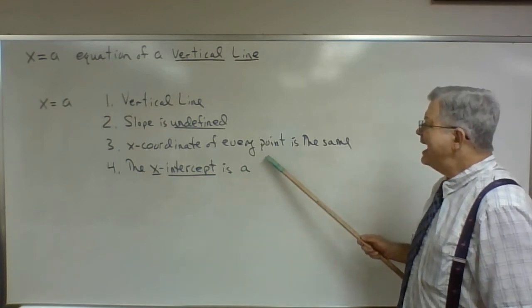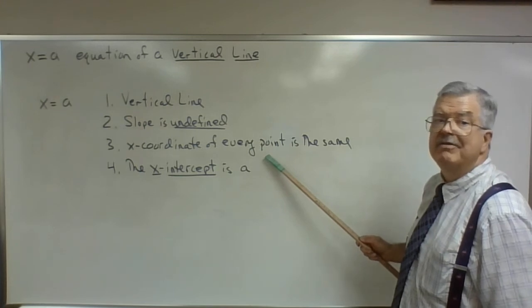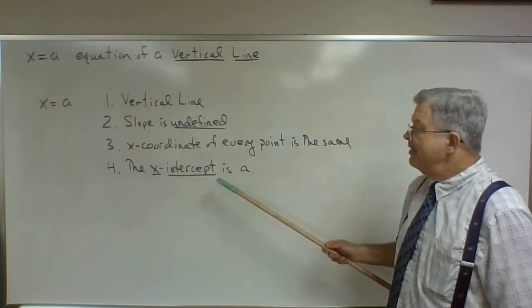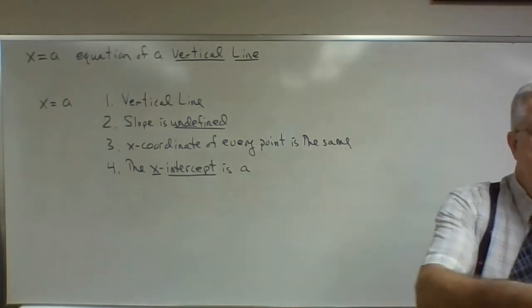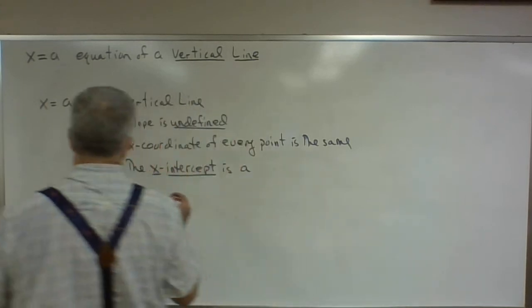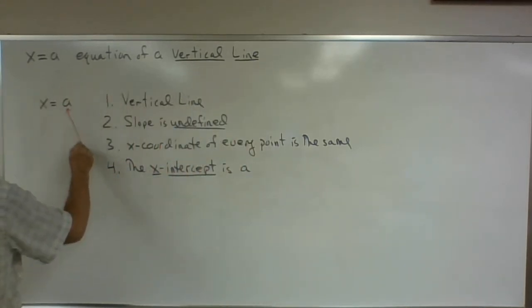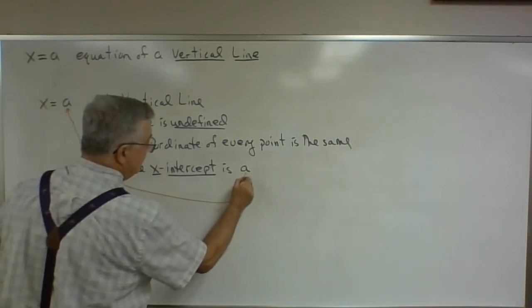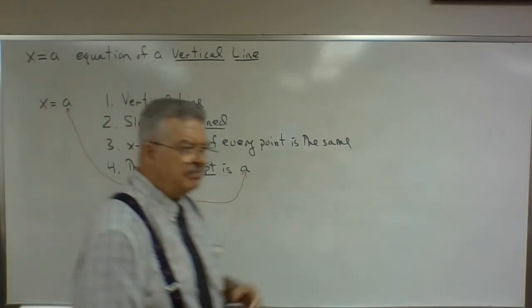That means the x-coordinate of every point is the same as the x-coordinate of every other point. And the x-intercept is A. When I say the x-coordinate is A, I'm talking about this number right here. Whatever this number is, that's the x-coordinate.